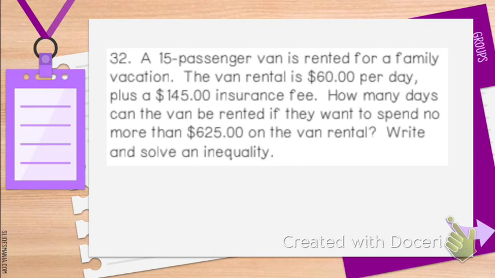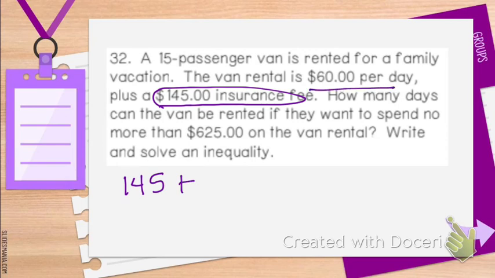All right, so we're going to start with, we know that we have that one-time fee of $145. So I'm going to go ahead and put that on there. $145 plus $60 per day. So D would be the number of days, and they want to spend no more than. That means up to that amount.